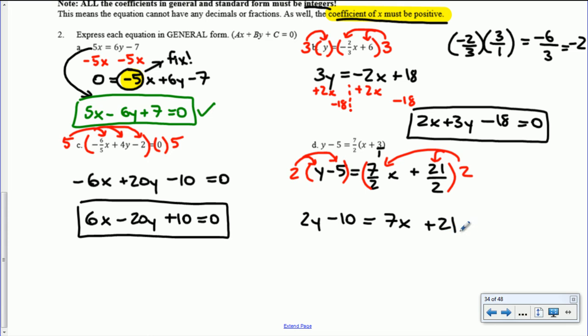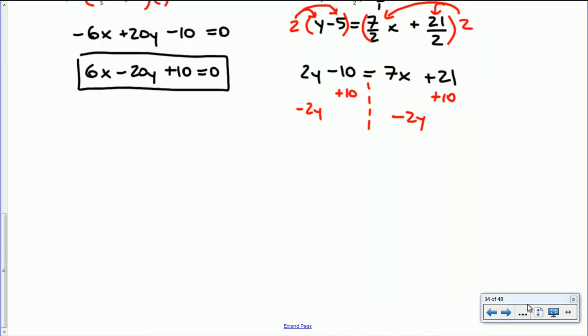So I can do that by adding 10 to both sides and subtracting 2y on both sides. Right, 2y minus itself is 0, and 10 minus 10 will be 0, so we got 0 equals 7x minus 2y plus 31.